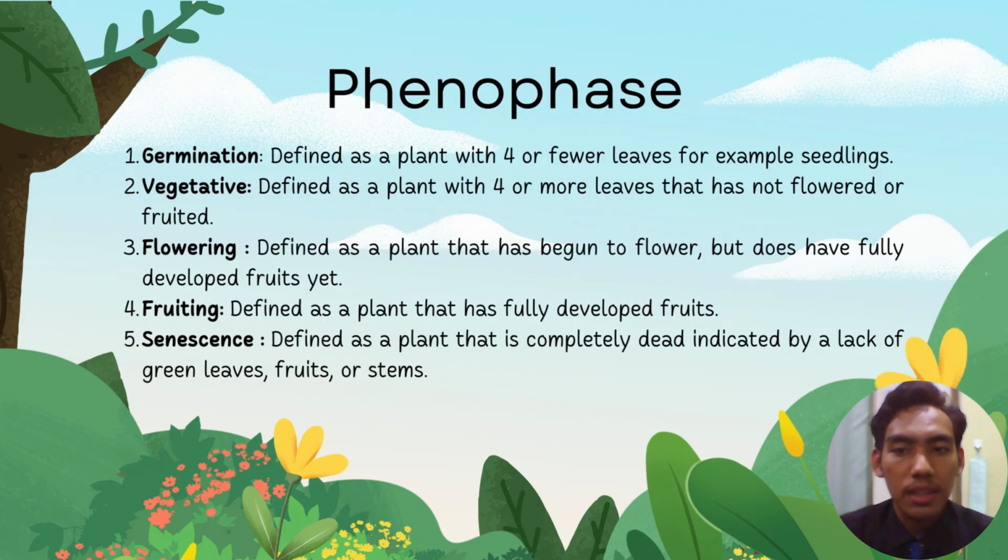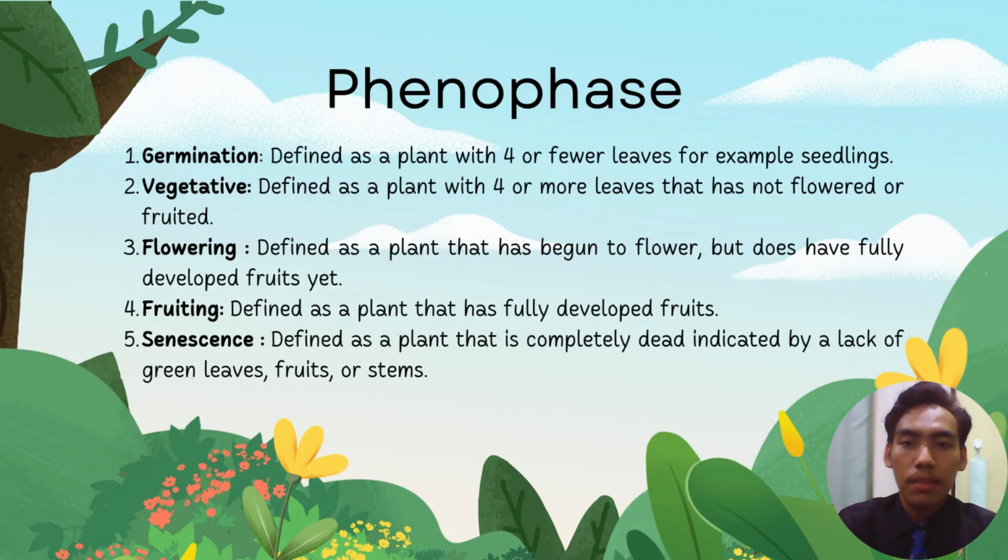Next is the stages of phenological development, also known as phenophase. Let's break down the key stages in a plant life cycle. For the first stage, germination. Germination is defined as a plant with four or fewer leaves. For example, a seedling, which means a seed sprouts and forms a seedling, which typically has four or fewer leaves.